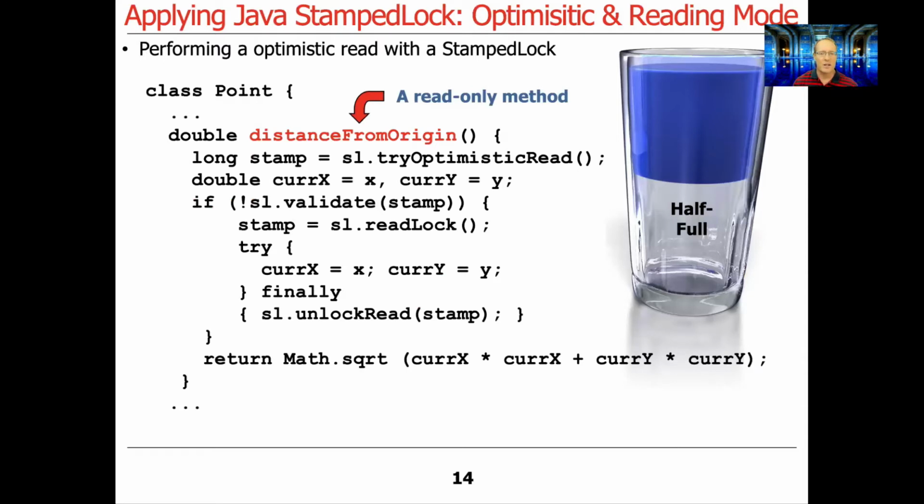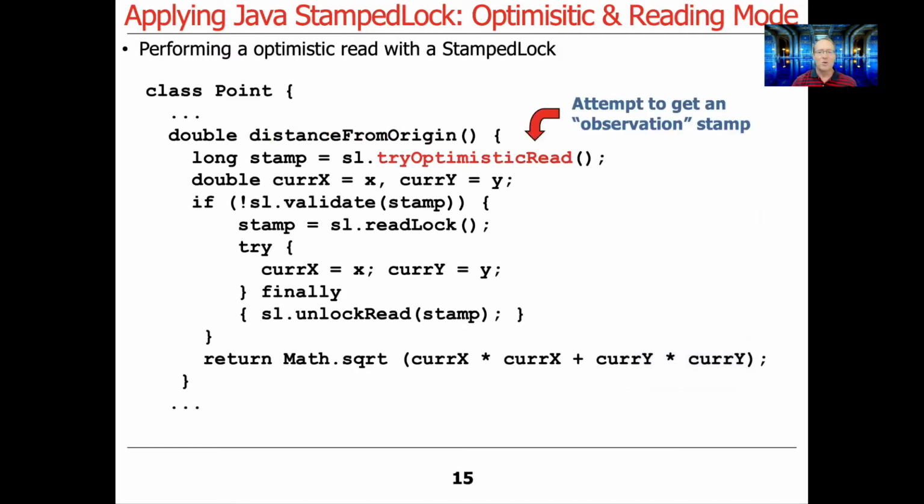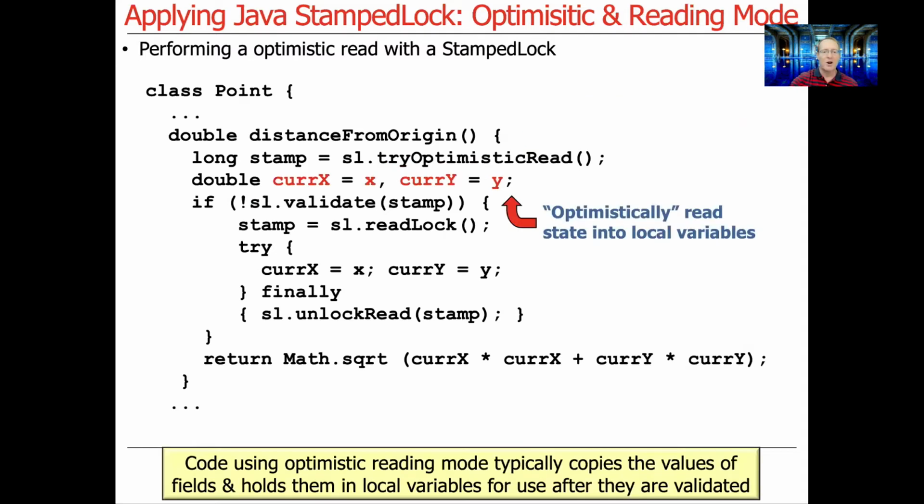This example is going to demonstrate an optimistic read with a StampedLock. The particular method we're going to look at here is one called distanceFromOrigin. This one is going to be optimistic, so the glass is half full. The first thing we do is attempt to get an observation stamp. That's what you get back when you call tryOptimisticRead. So we make that call.